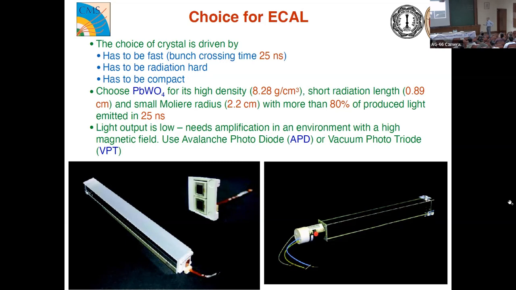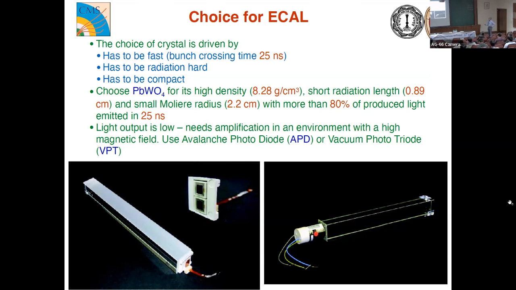We are colliding the beams at essentially 7 TeV by 7 TeV. Hopefully we will do it at some point in time. At such a high energy, there will be lots of radiation, so it has to be radiation hard. And we do not want to increase the cost of the detector excessively, so it has to be as compact as possible.